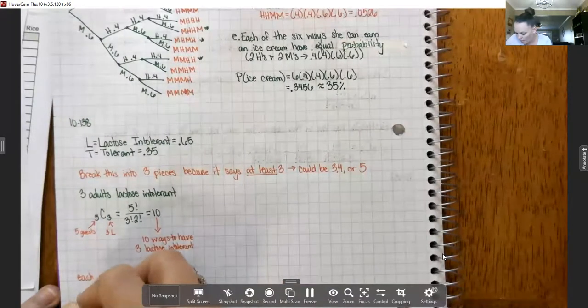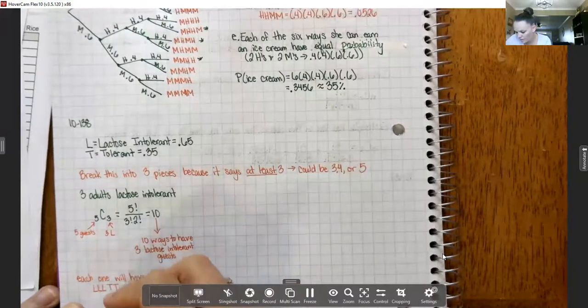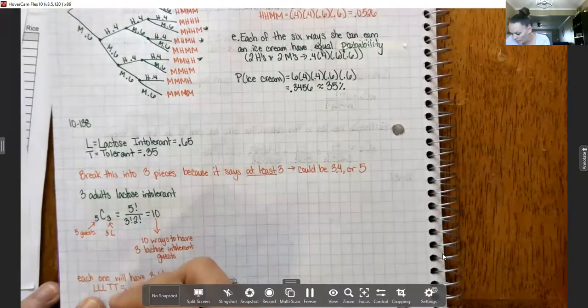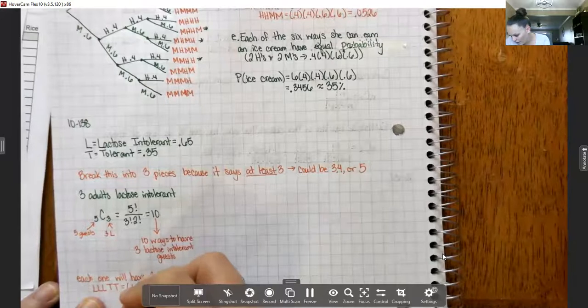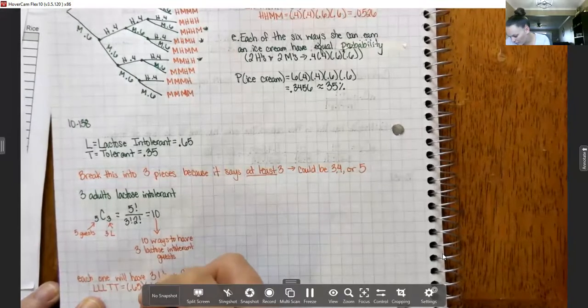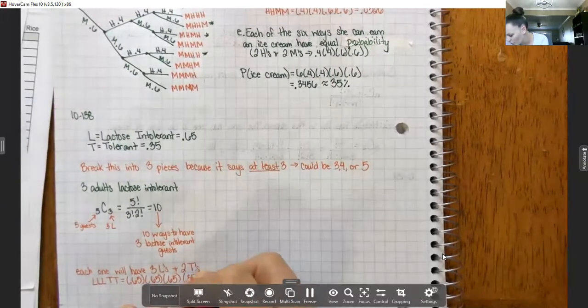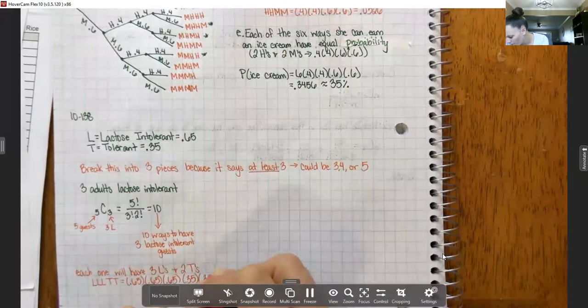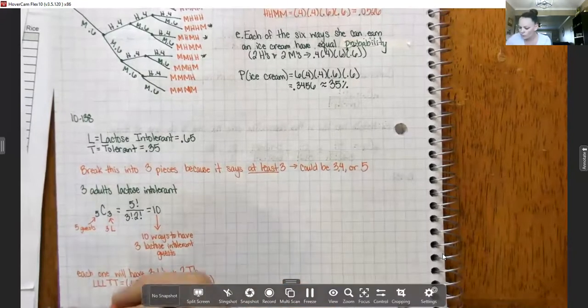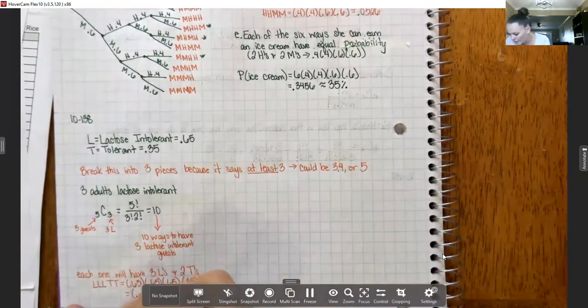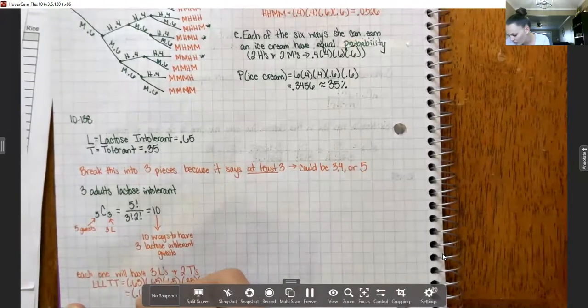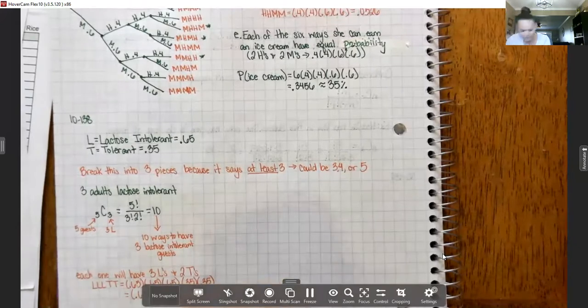So LLLTT is something like 0.65 times 0.65 times 0.65. Each L, remember, is 0.65, and then the two T's are 0.35, which we know we could be lazy and write that as 0.65 to the third and 0.35 squared.